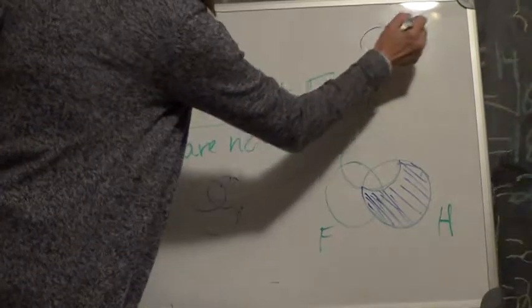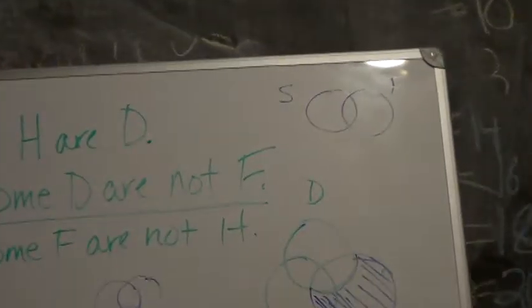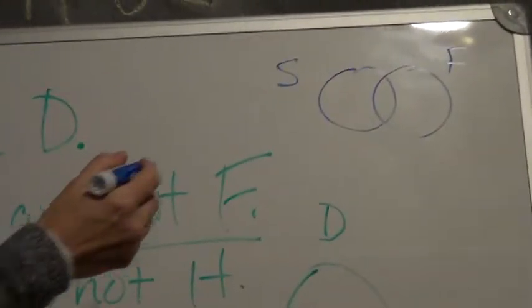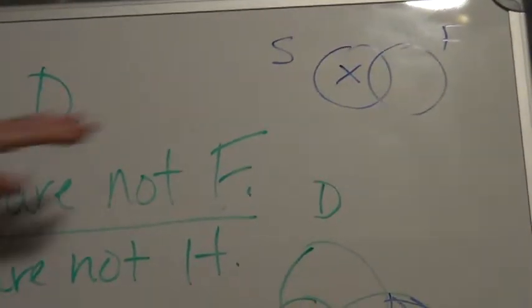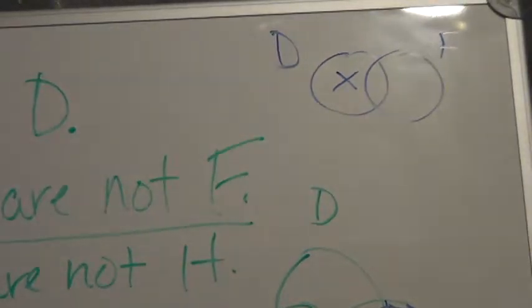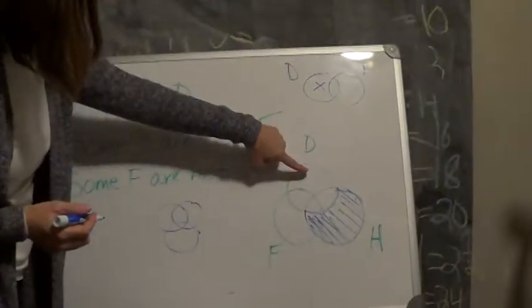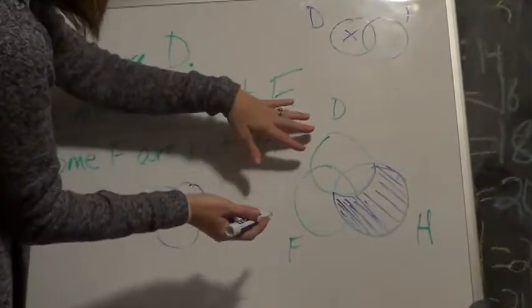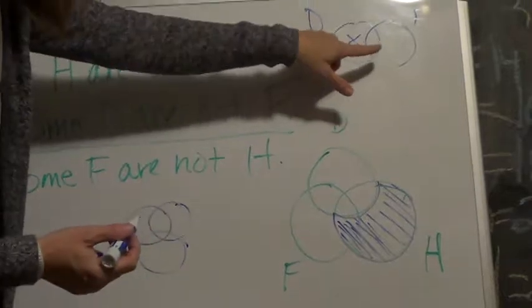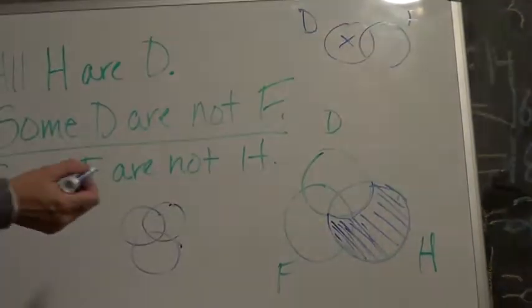So if you were looking at the original diagrams, when you just have two circles, you know that you have some D are not F. So now we want to take a look at these two circles here. It's a little bit backwards, but we're basically going to make this diagram on this diagram.